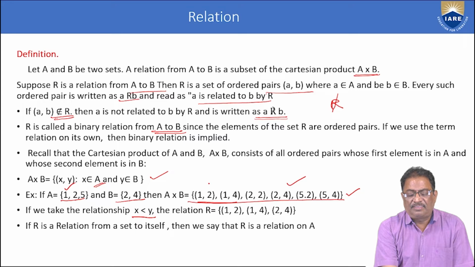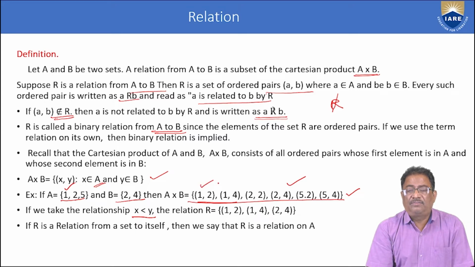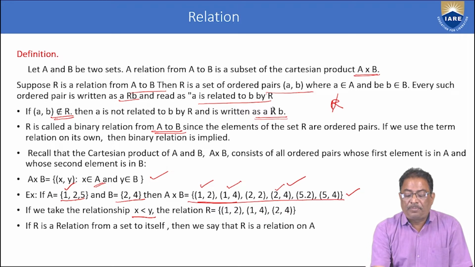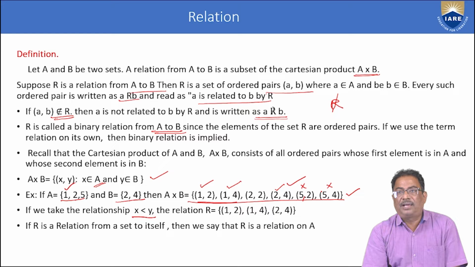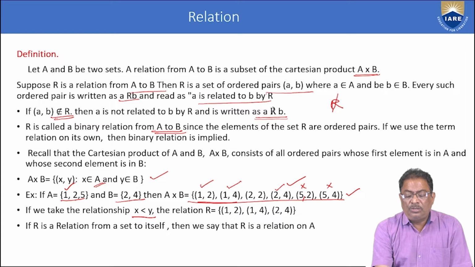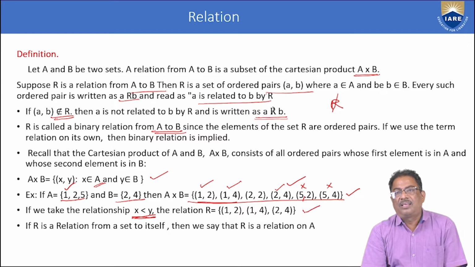So this is one ordered pair which satisfies this property, and this is another ordered pair which satisfies the property, and this is another which satisfies the property, and this is the ordered pair which is not satisfying, because the first element is greater than the second element. So here only three ordered pairs will be satisfying this. So I am going to consider the relation as (1,2), (1,4), (2,4).